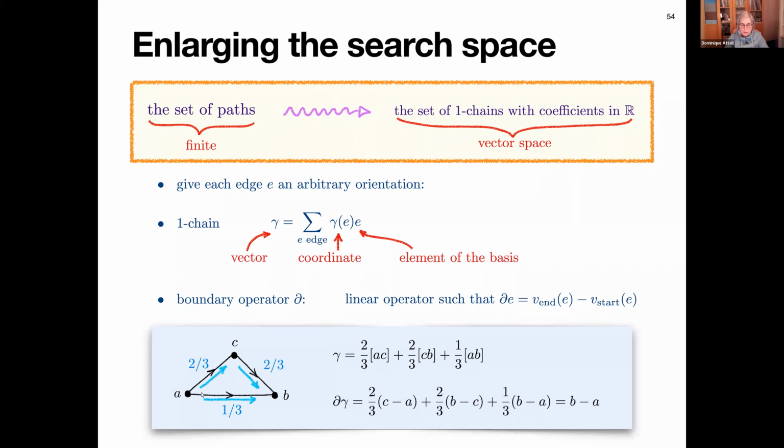And here is a small example of a one-chain. So now you have to give a coefficient, a coordinate, to each edge. So an edge now carries first the weight of that edge and then a coordinate. And here is a small example of one chain gamma that is expressed like this. Okay, and whose boundary is precisely B minus A.